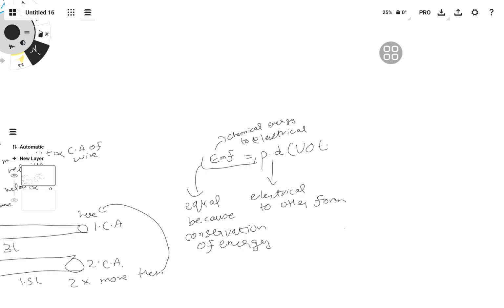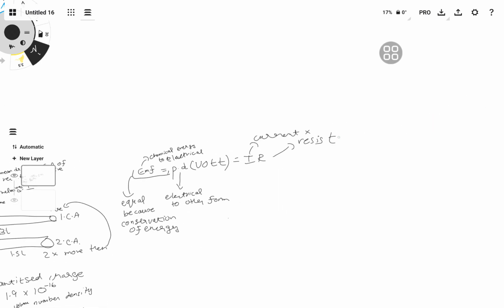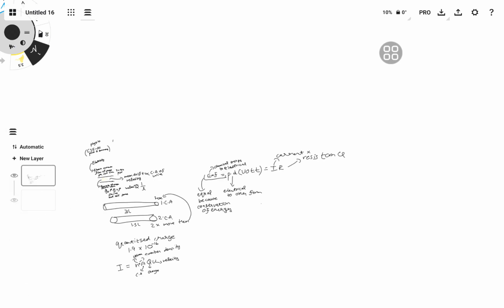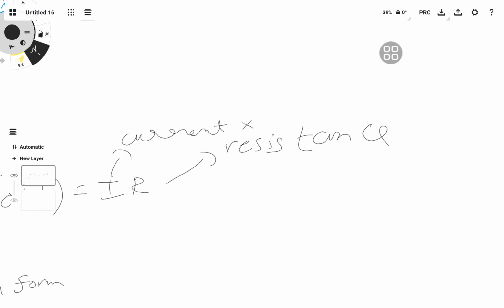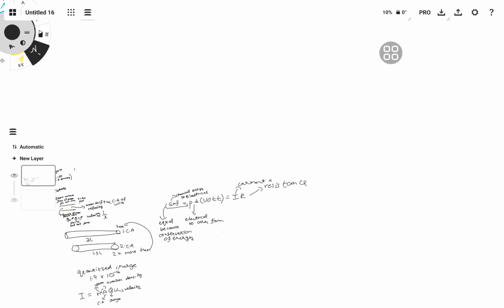Its unit is the volt, and it is equal to IR, current multiplied by resistance. So we have this all mind mapped out like a brain dump.